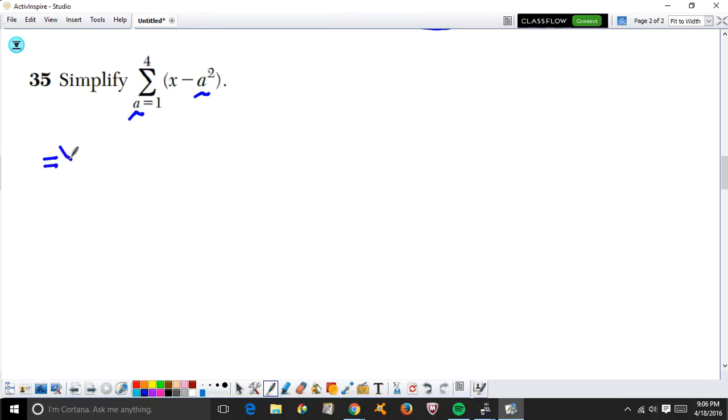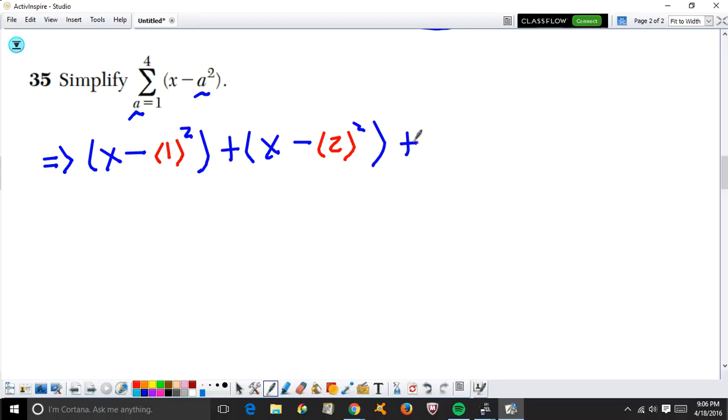So we're going to have x minus the first substitution, which is 1, squared, plus x minus the second substitution, which is 2, squared, plus x minus the third substitution, which is 3, squared, plus x minus the fourth substitution, which is 4, squared.